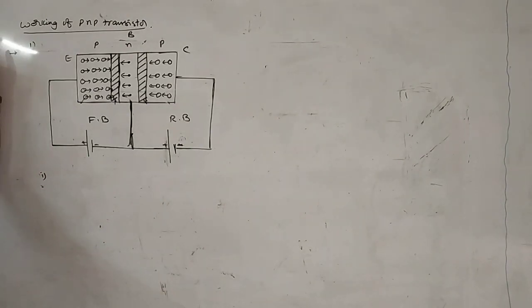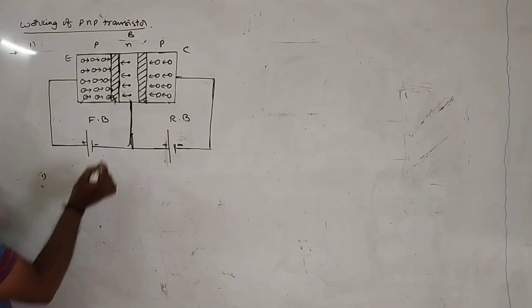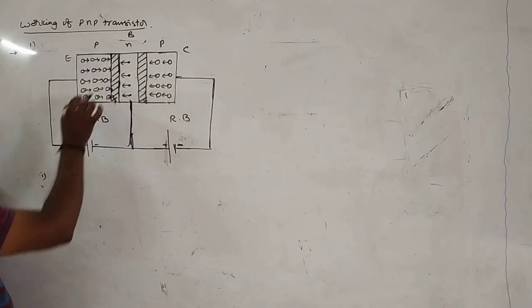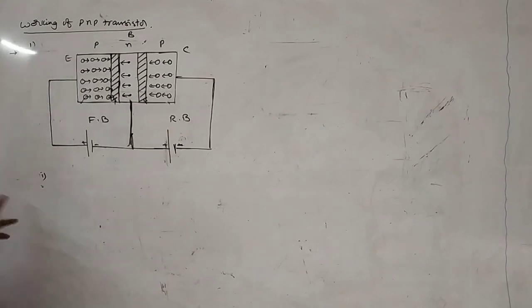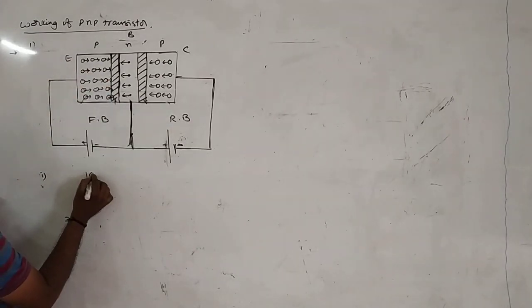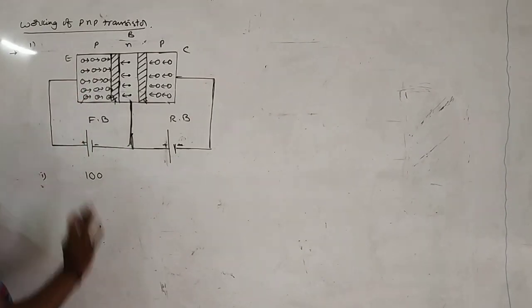Suppose the emitter region is a heavily doped region, meaning it has a majority number of positive charge holes. Maybe there are 100 positive holes present in the emitter region.